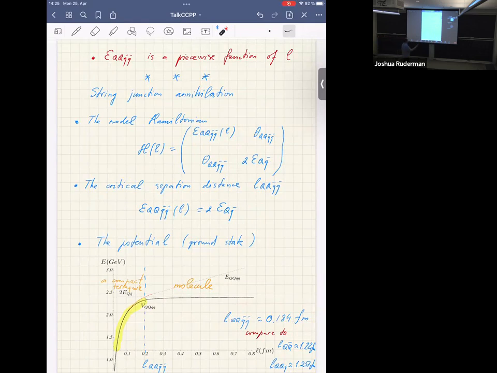And the picture for the potential looks like this one. And of course, if you know the scale, for smaller distances the system looks like a compact tetraquark, but for larger systems, it's a molecule made of two mesons. So it's never stringy.